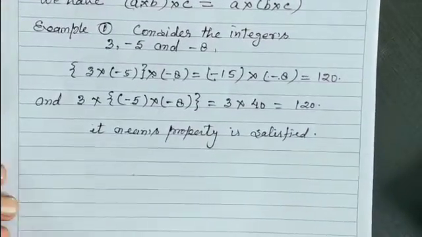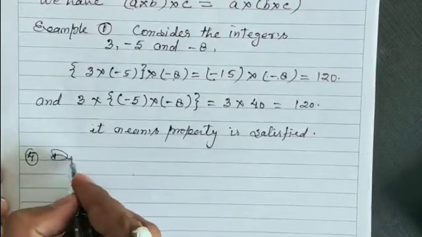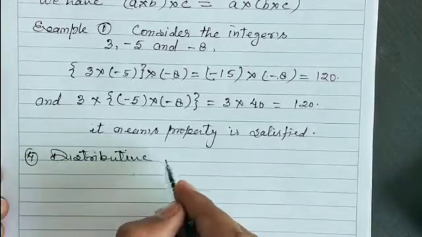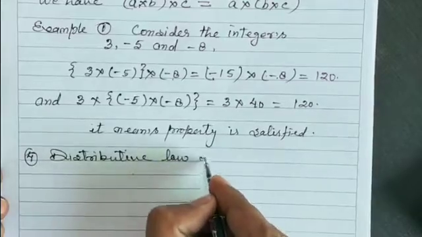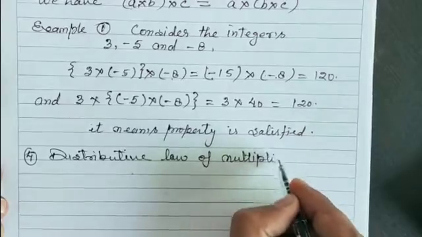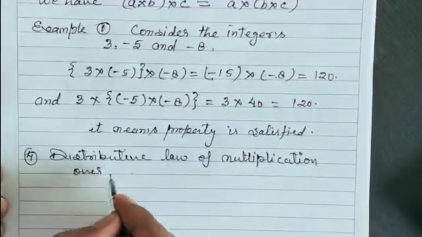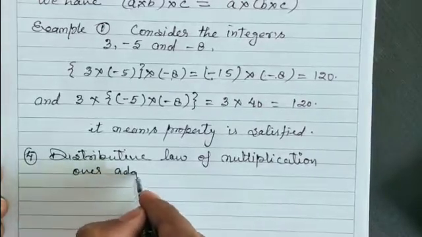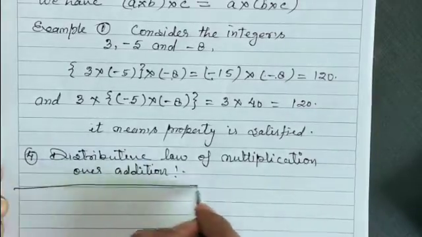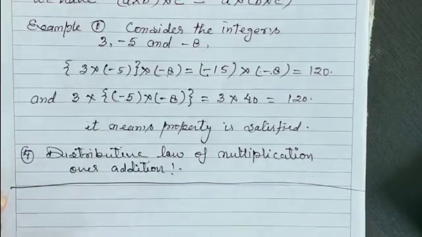Okay, now we will come to the next property, number 4: distributive law of multiplication over addition. The fourth property is the distributive law of multiplication over addition.